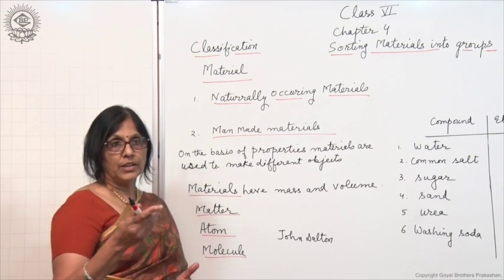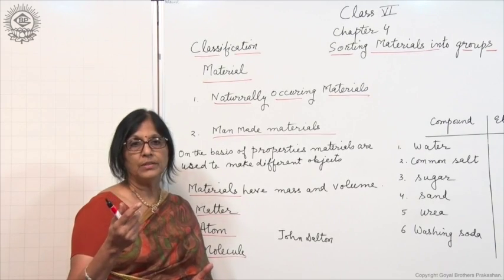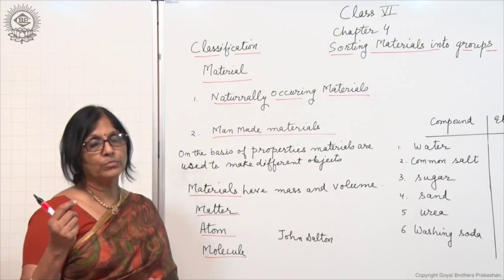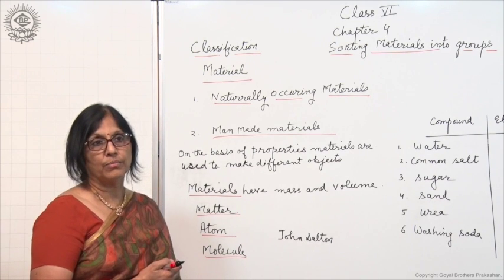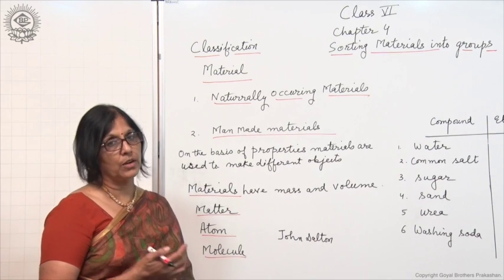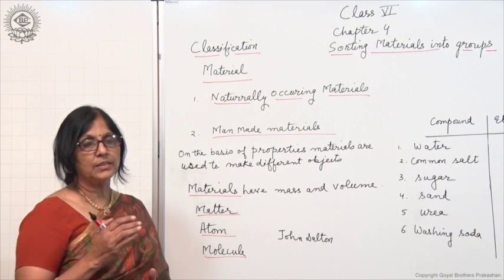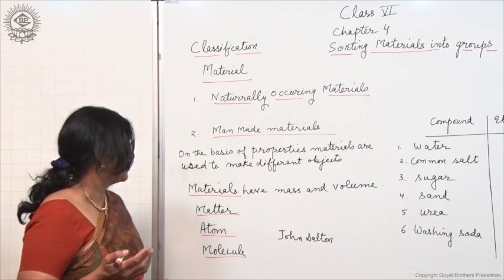Even radio and TV are matter, because they have mass and volume. But the signals which TV and mobiles receive are not matter, and feelings also are not matter. So, everything that occupies space and has mass is matter.